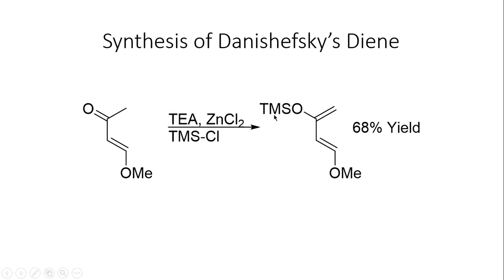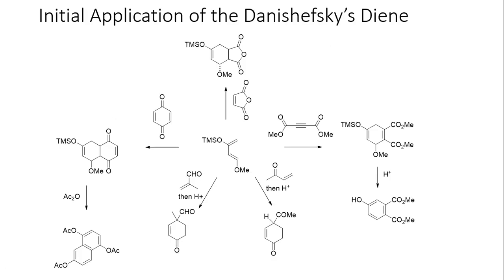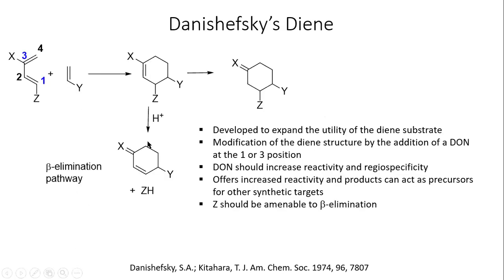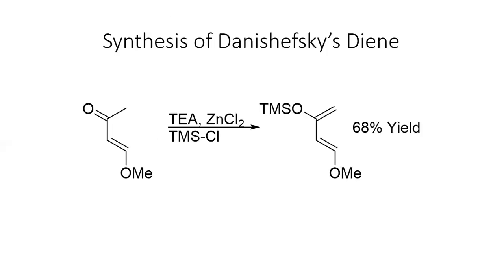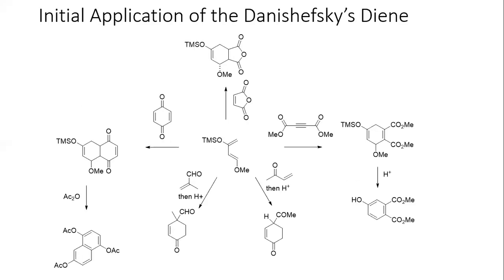Right, so this is ubiquitous in organic chemistry. This Danishefsky's diene has been used by a lot of different groups for a lot of different applications. And if you look here, these are all the different applications that they studied in this one particular paper in 1974. All right, so they looked at the Danishefsky diene with cyclic dienophiles like maleic anhydride, and they got this bicyclic product in good yields.